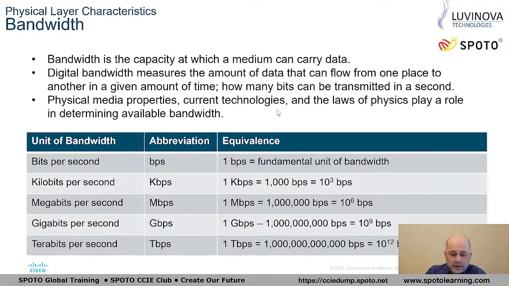Digital bandwidth measures the amount of data that can flow from one place to another in a certain period of time. The unit of bandwidth is bits per second, bps. Then we have kilobits per second, kbps, Mbps, which is megabits per second, and Gbps, which is gigabits per second.